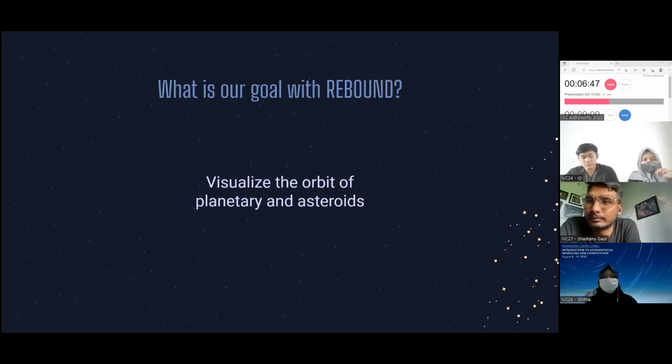From the modules that we know, what is our goal with rebound? We have to visualize the orbits of planets and asteroids, and we have to get the parameters that we want, which will be explained by my teammate, Theo.